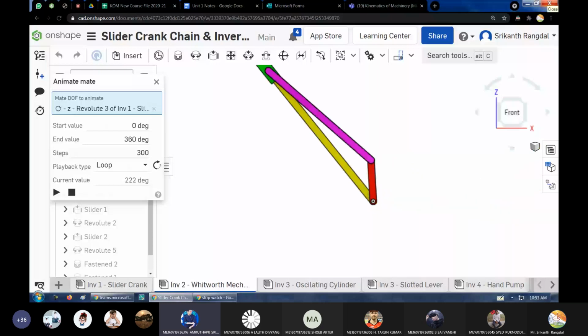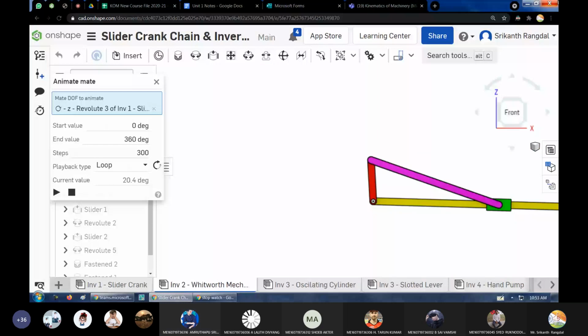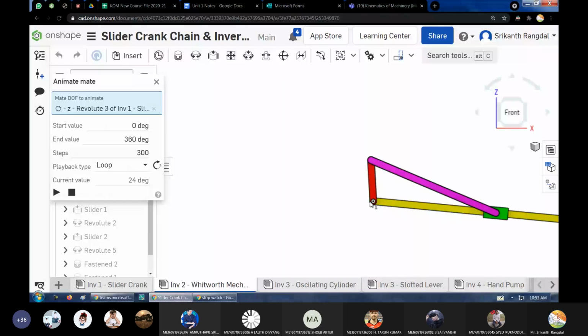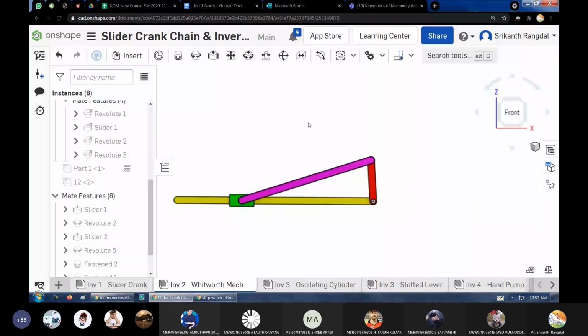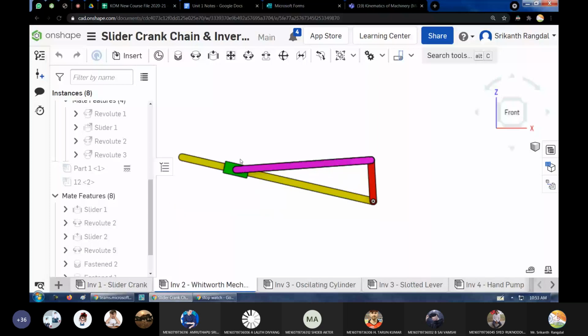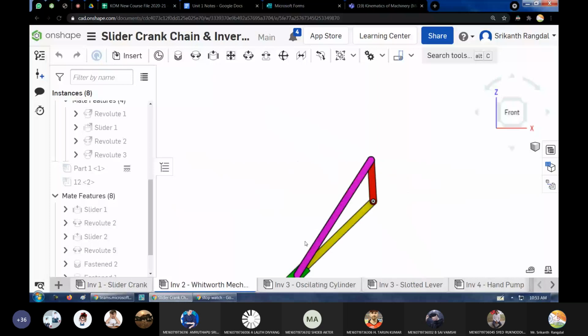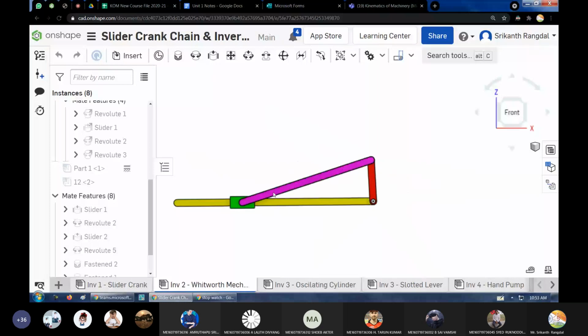Yeah, velocity will be different because you can see that the two center points are displaced. That is one hint. And the second thing, the time taken by the pink link to complete one rotation remains the same.